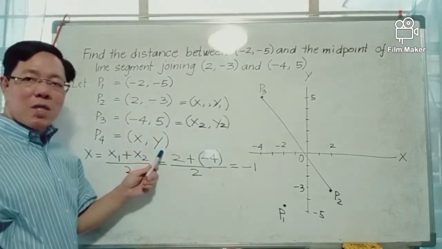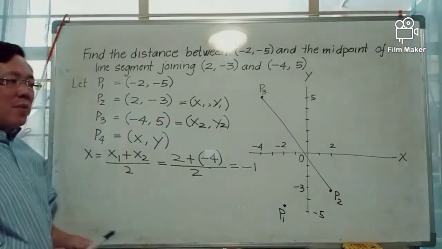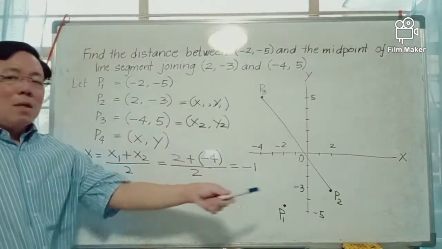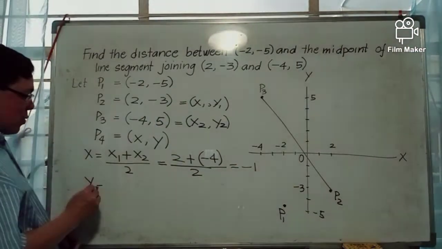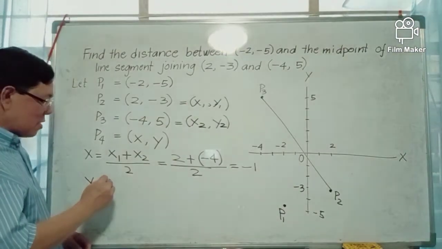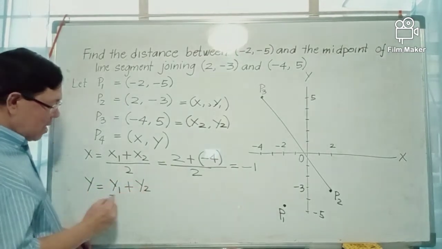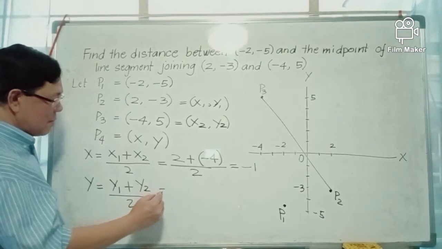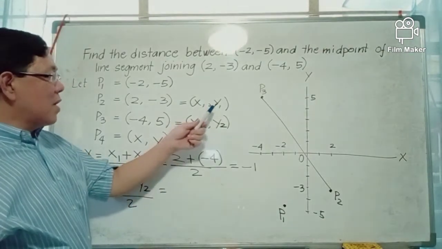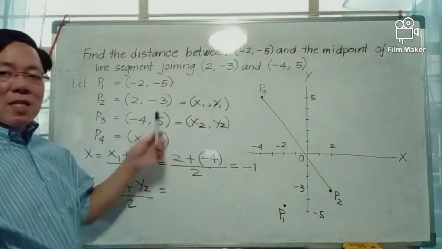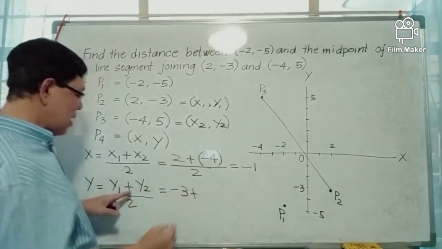Now we find the ordinate, the second coordinate of the midpoint of the line segment through P2 and P3. Y is equal to the sum of the ordinates of the endpoints of the line segment. Y1 is the ordinate of the first endpoint. Y1 equals -3. -3 plus y2.